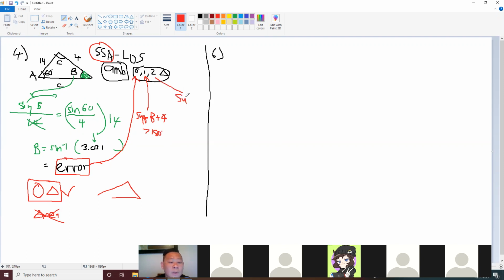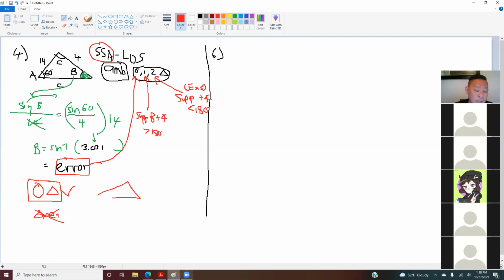If you find the supplement of the angle plus the angle given to us, usually like 60 degrees, and the sum is less than 180 degrees, you will have 2 triangles. Refer this to example number 3, the one that we just did. Make sure you know this. This is super, super important.